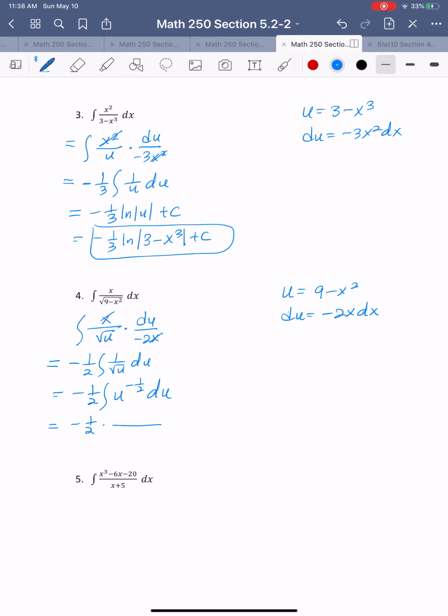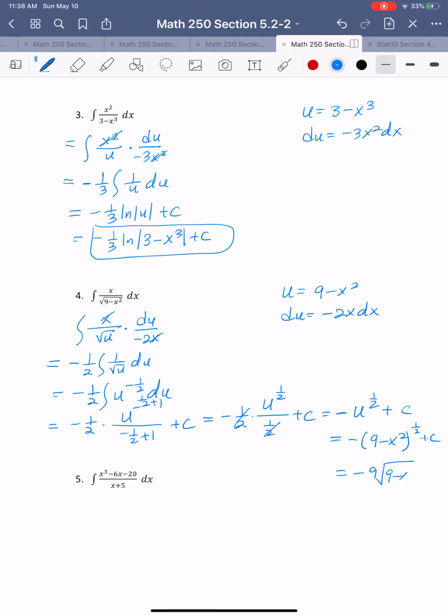Then I get negative 1/2 times u to the negative 1/2 plus 1, over negative 1/2 plus 1, plus c, which is the same as negative 1/2 of u to the half power over 1/2, where the halves cancel, plus c. Then I get negative u to the half plus c, which is negative the square root of 9 minus x squared plus c. Sorry about that. All right.